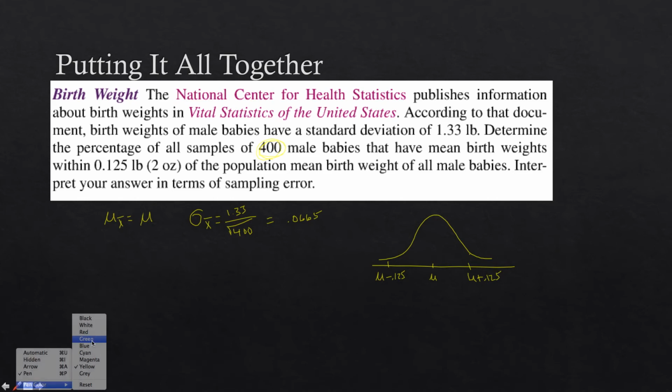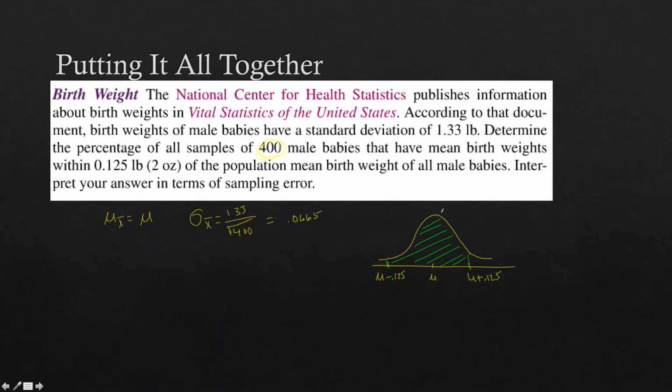When I'm talking percentage, I'm talking about this area under this curve. This goes back to section 6.1. What is this area under the curve in terms of percentage? That's all this is.